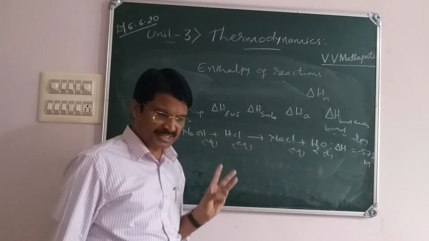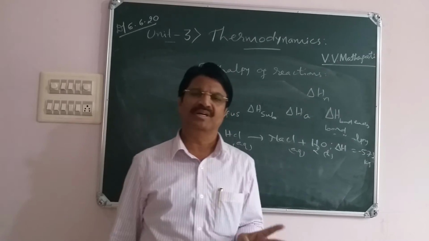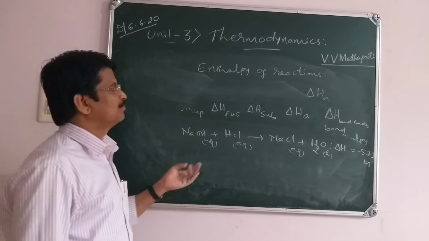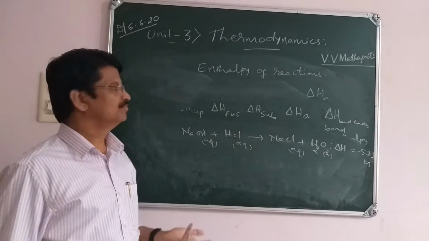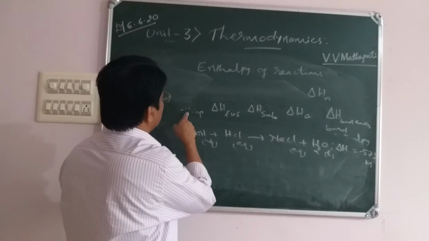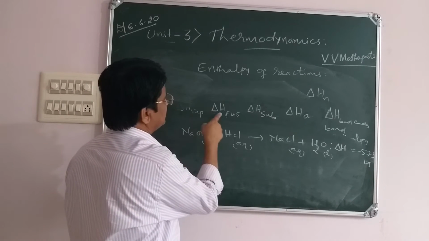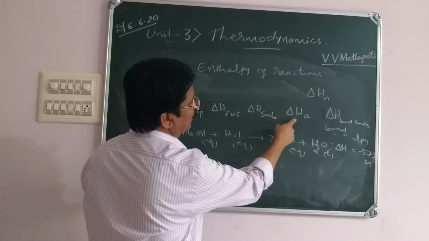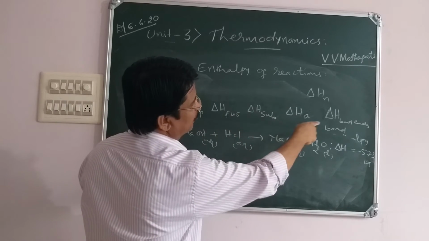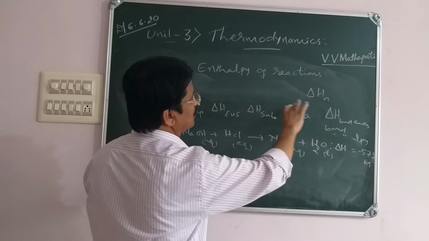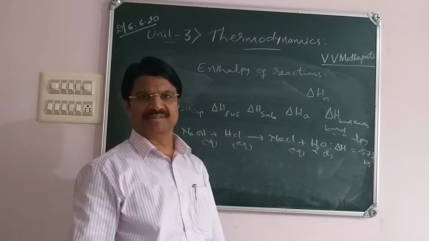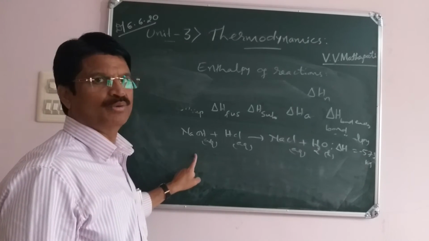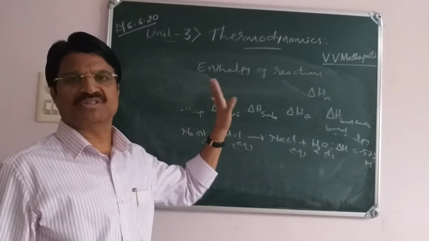But in case of formation, it may be positive or negative. Transition may be positive or negative. Then enthalpy of solution may be positive or negative. But enthalpy of vaporization, fusion, sublimation, atomization, yes, bond energy, all these values are positive only. Only in the case of enthalpy of neutralization and enthalpy of combustion is it always negative.